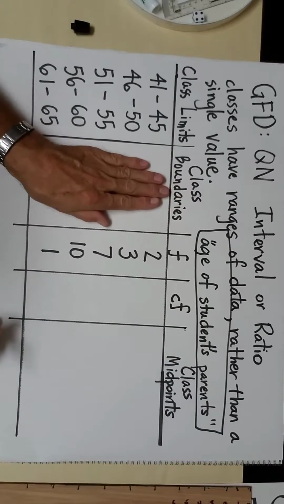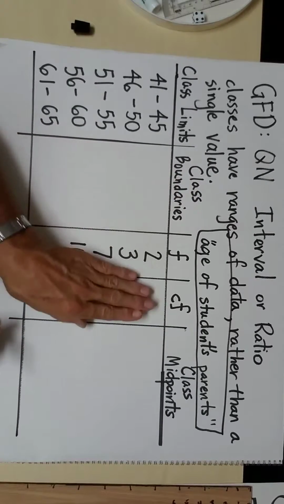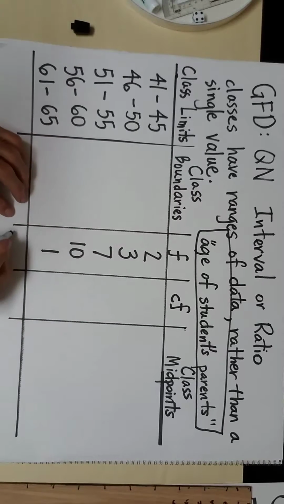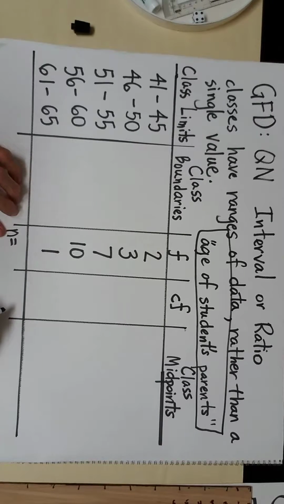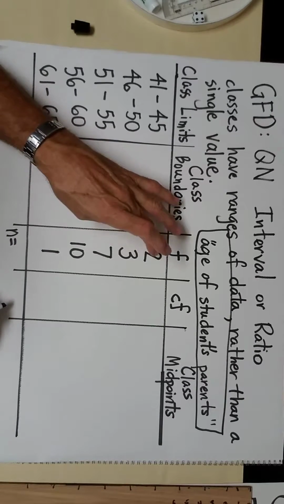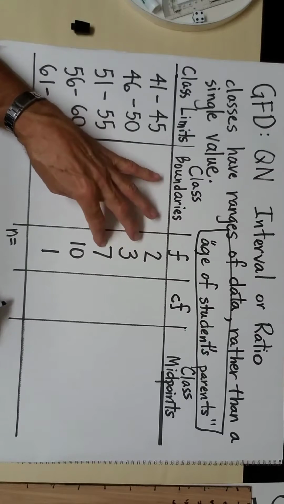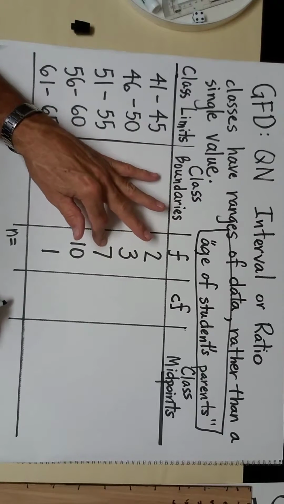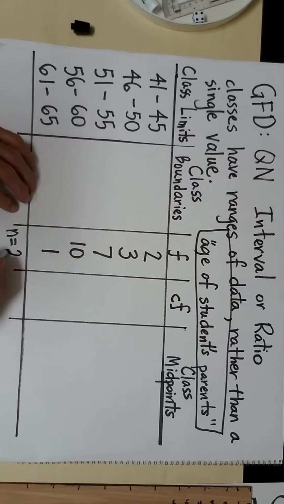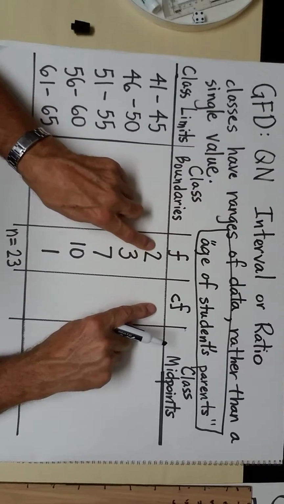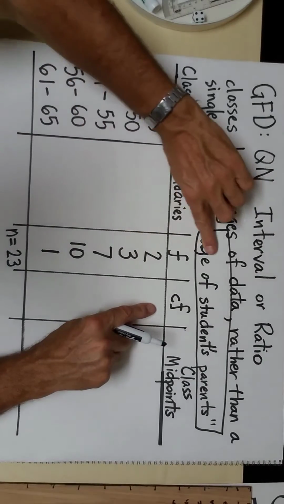Leave class boundaries for right now. Let's talk about cumulative frequency. We do need to know the frequency. If you remember, the sample size is the sum of the frequencies. So that's 2 and 3 is 5, 5 and 7 is 12, 22, 23. Cumulative frequency was the number of persons in that group and all previous groups.